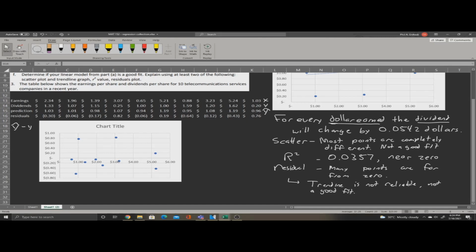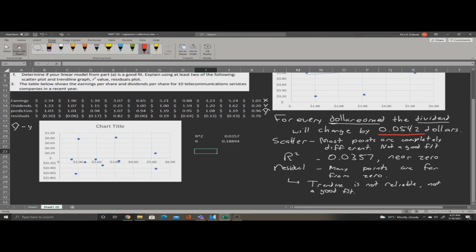Now we could also find r as well. Our r squared value was 0.0357. Therefore, the r value would be equal to the square root of that number, 0.18894. Now remember, our slope was 0.0542.